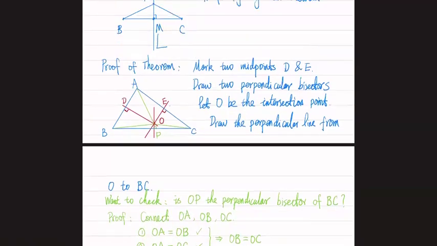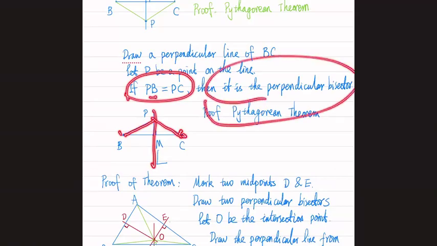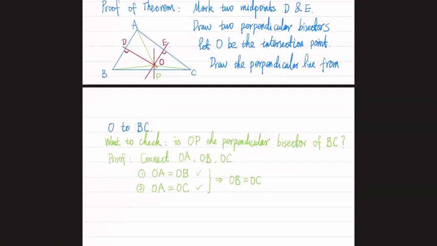Now, let's check this one. If the distances on a perpendicular line to the two vertices are the same, then this line is a perpendicular bisector. We verified this is perpendicular, and OB equals OC.